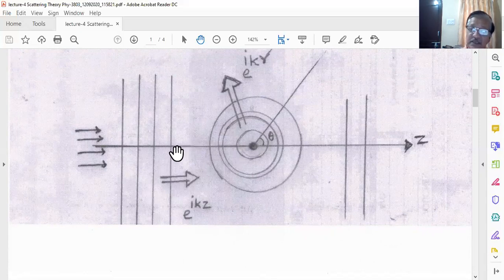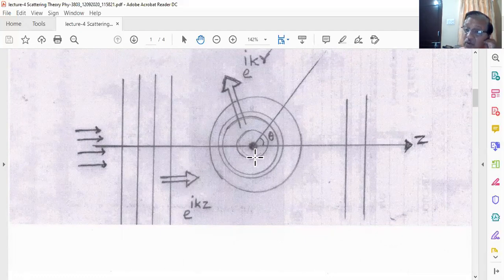So there is a region where the potential offered by the target particle is practically zero, that is V of r is zero. And there is a region where the particle enters the potential field of the target particle and experiences a force because of the potential produced by the target.